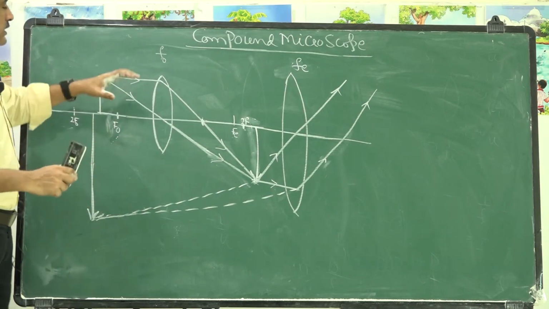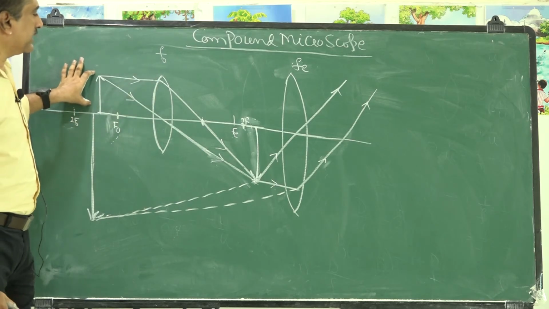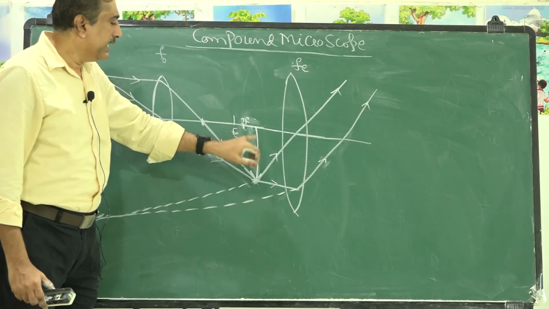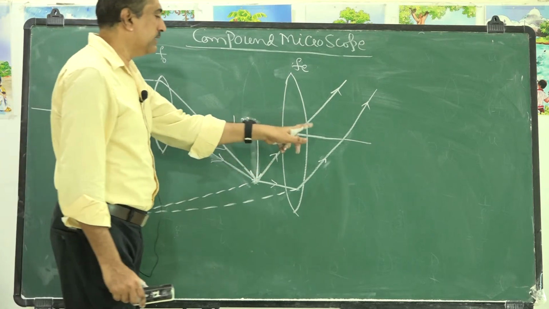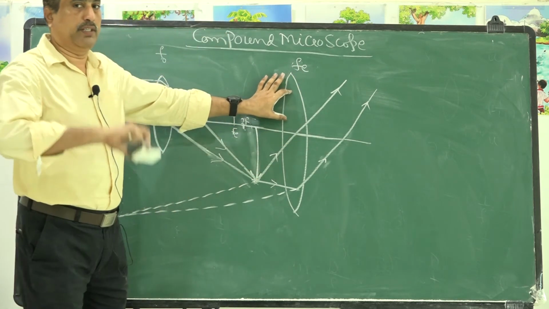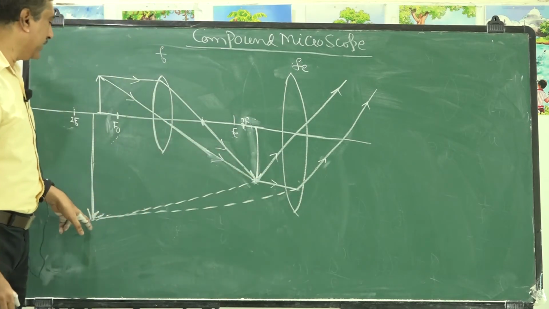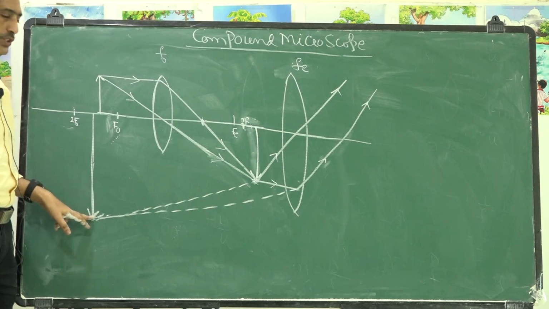So this lens first gives an inverted image of the object, and this inverted image acts as object for the eyepiece, and the eyepiece works as a simple microscope as discussed in the earlier case. So it forms a virtual image in this position.